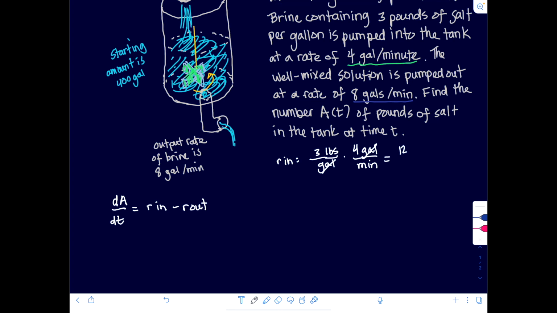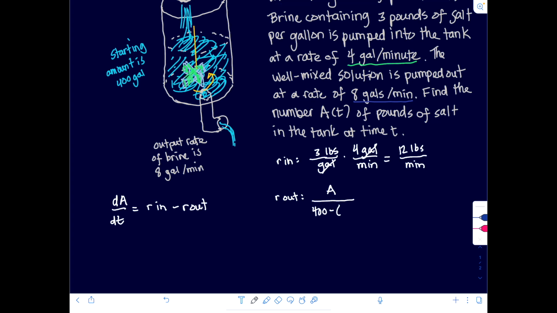And then R out is a little trickier, right? We have to figure out what's happening at some time t. So for R out, we have to think about this. We know we have some amount at time t, call it A, but we have to figure out what is left. So you start with 400, minus, you're pumping out faster than you're pumping in, so 8 minus 4, right?